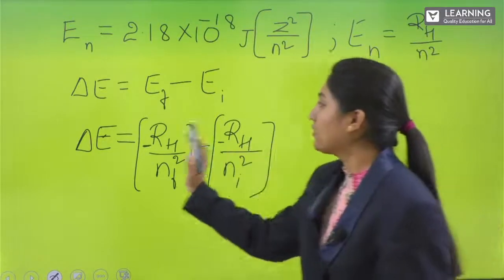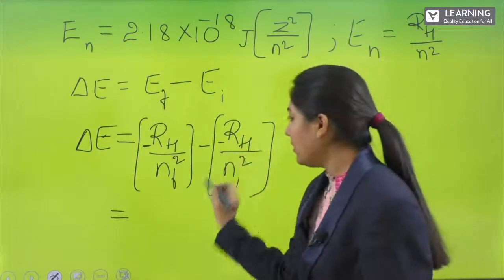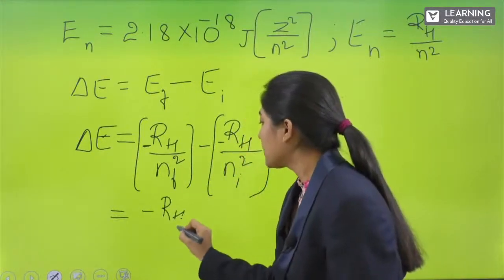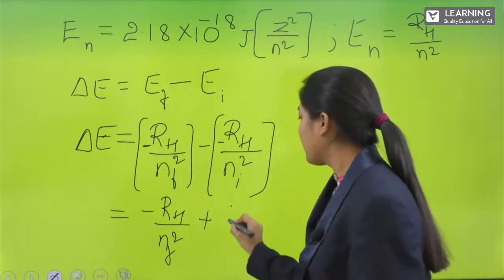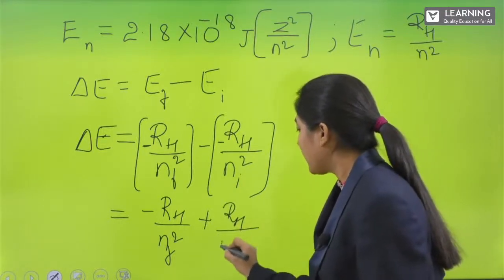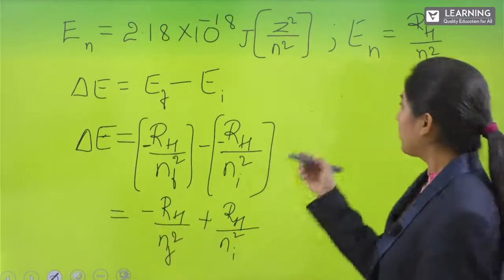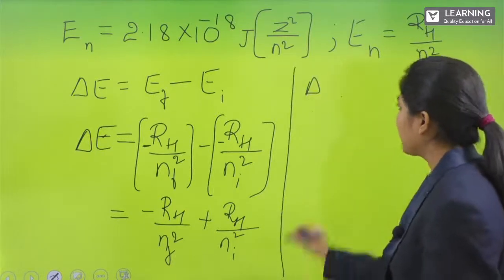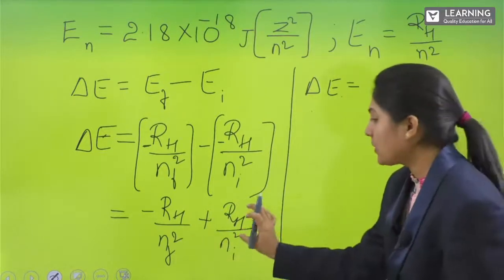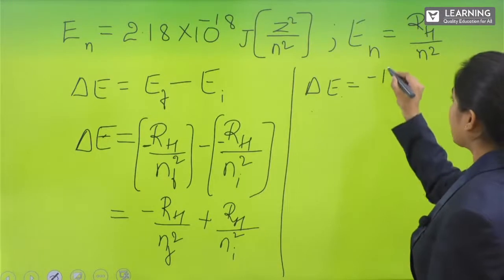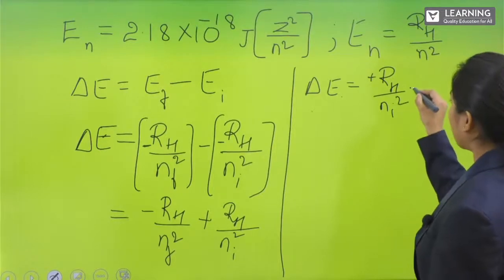Fine. Now you have to take the common part out. As we know here, RH divided by NF square, minus into minus, plus RH by Ni square. If you see this, this is positive, this is negative. So we can write delta E is equal to, here I'll take this first, because positive, negative, you can just take it like this, positive RH by Ni square minus, why?